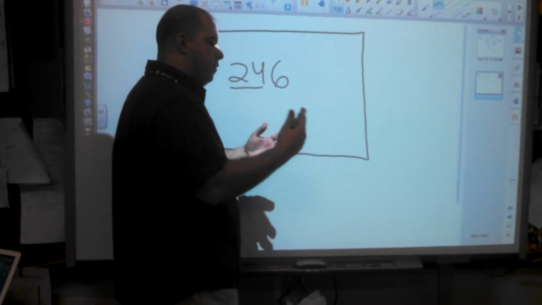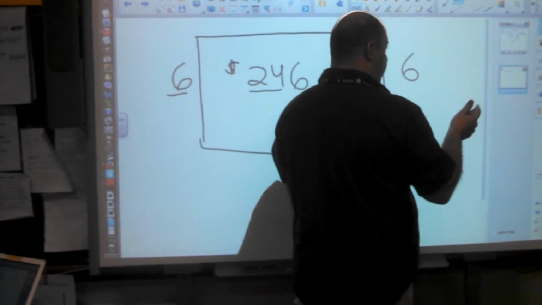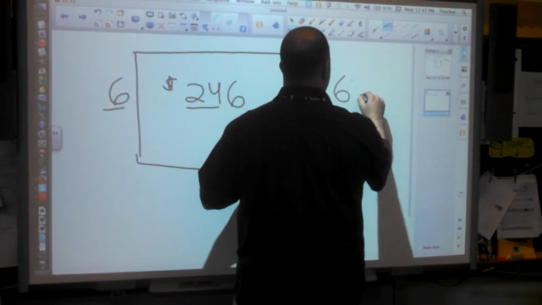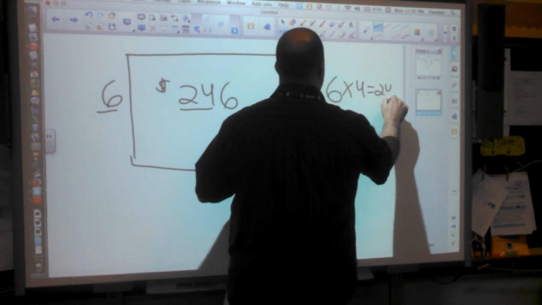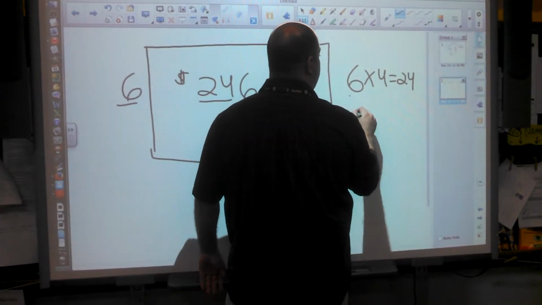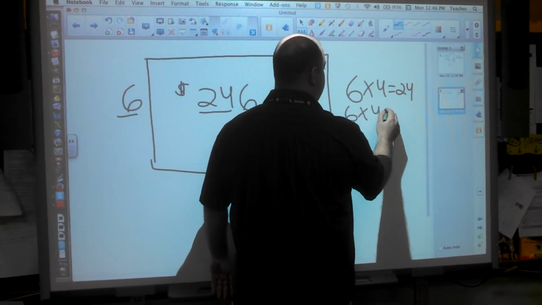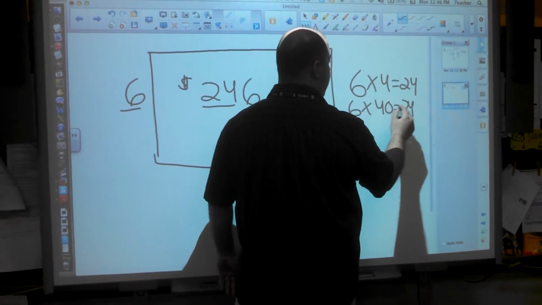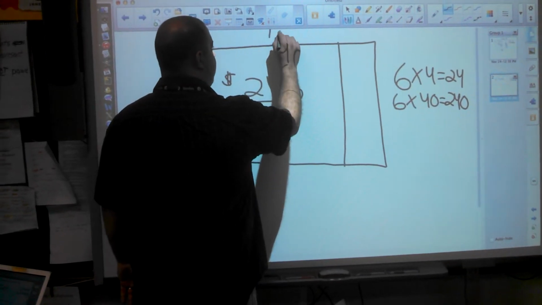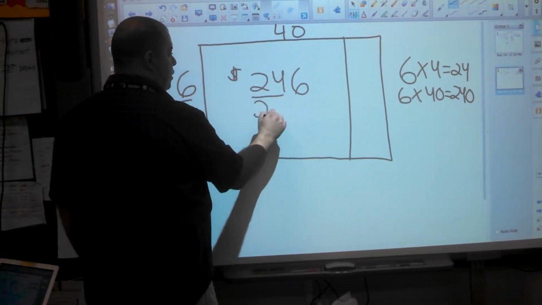And then the kids think about, they identify the basic fact, and like 6 times 4 is 24. But since we are going to the tens place here, we do 10 times this, which basically it's 24, but they're adding a 0 for 240. So they're going to go 40 times, which gets them 240.